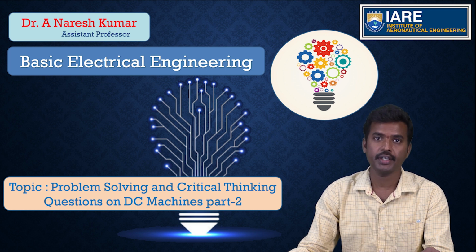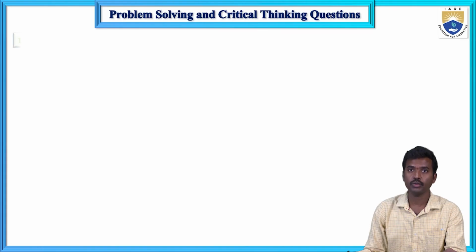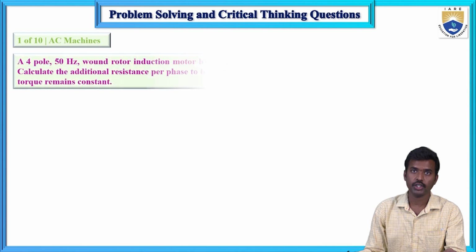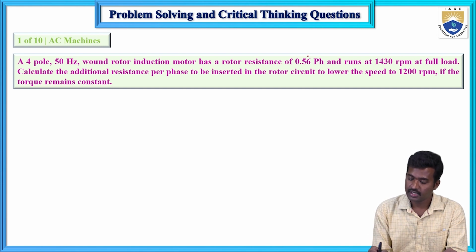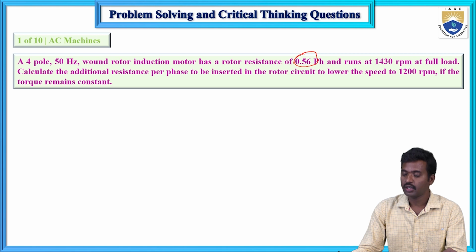Today we are going to solve question bank module 5, that means AC machines. In that, Part A, problem solving and critical thinking questions, total 10 questions. First question: a 4-pole 50 Hz wound rotor induction motor has a rotor resistance of 0.56 ohm per phase and runs at 1430 rpm at full load.